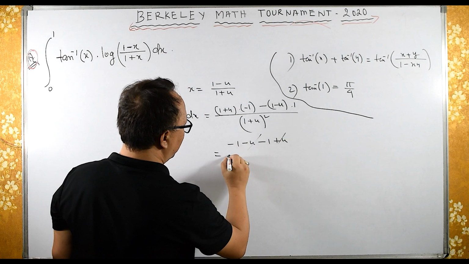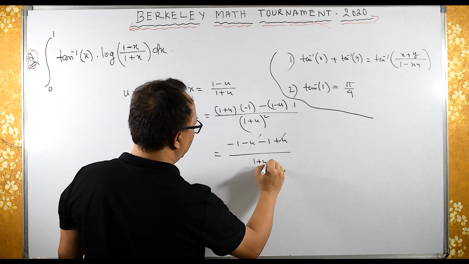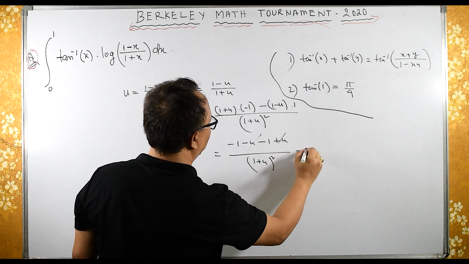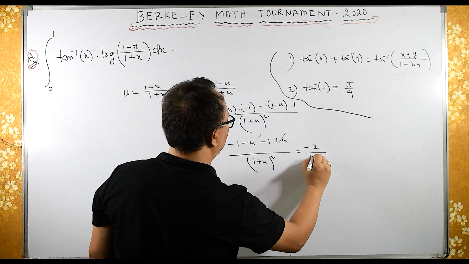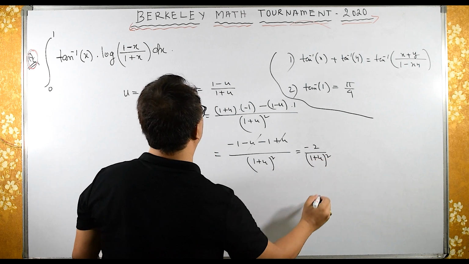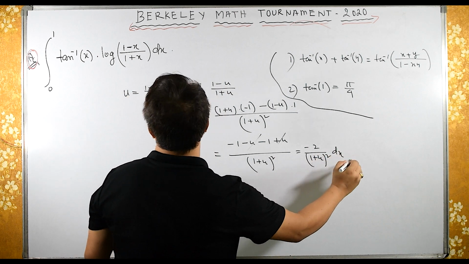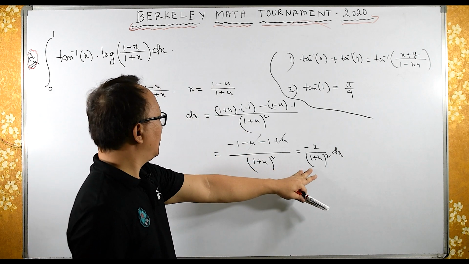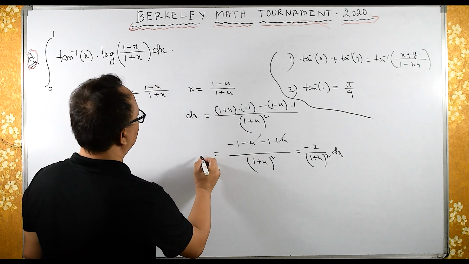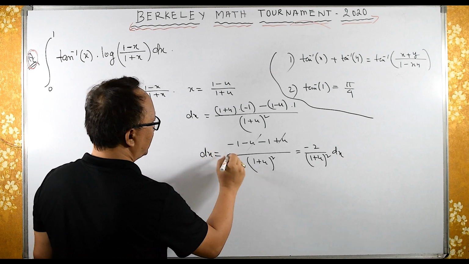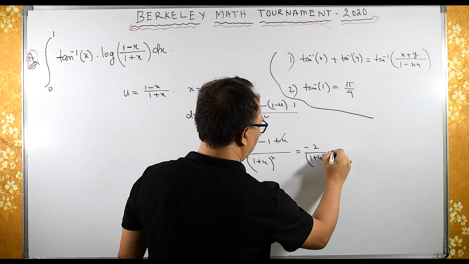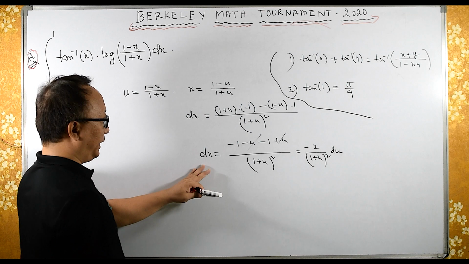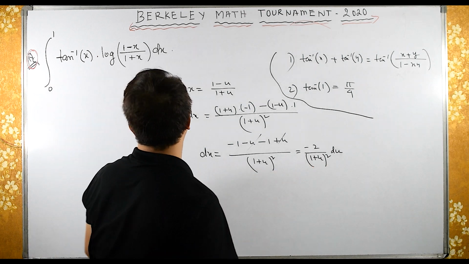This gets cancelled, leaving minus 2 upon (1 plus u) raised to square du. So this is my dx, and this is my du.